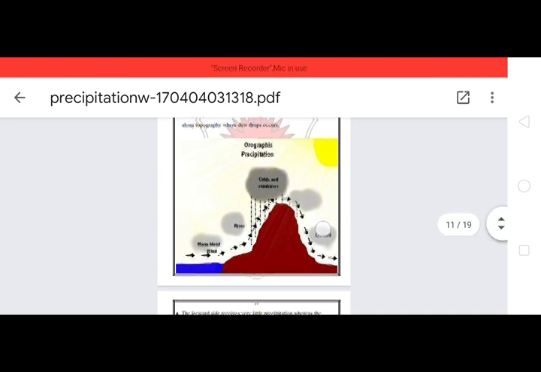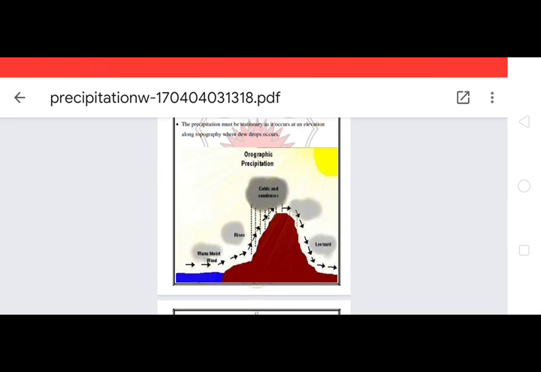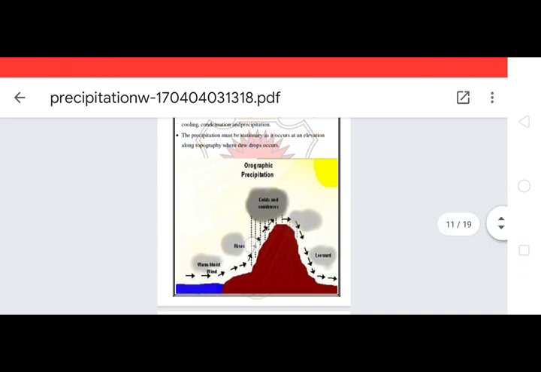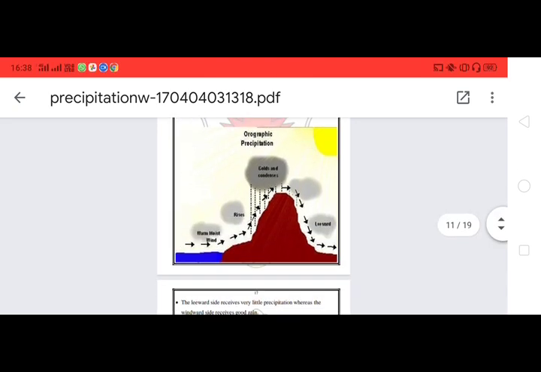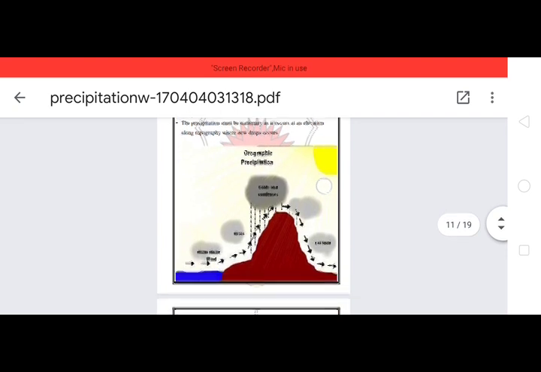On the leeward side, the air is coming downward. So on the upward, windward side, condensation occurs, and most of the precipitation occurs here. In India, Cherrapunji is one of the great examples of this type of orographic precipitation.